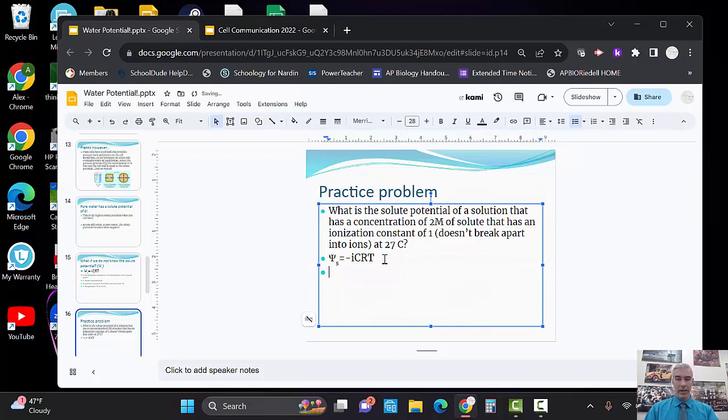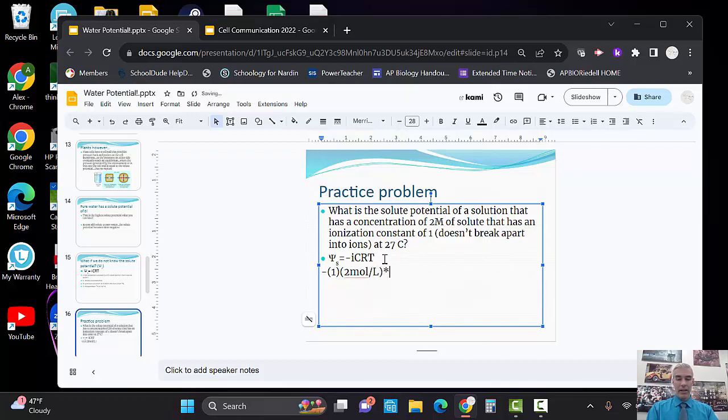I'll do it here like this. So we plug in each thing. So we go negative i, which because it doesn't break, is negative 1. Times the concentration, which is 2 molar, times 2 moles per liter.